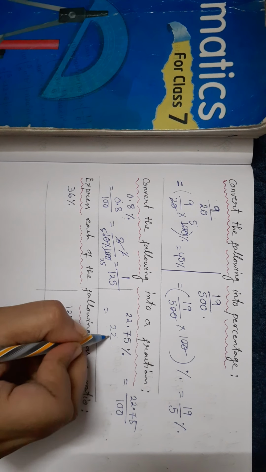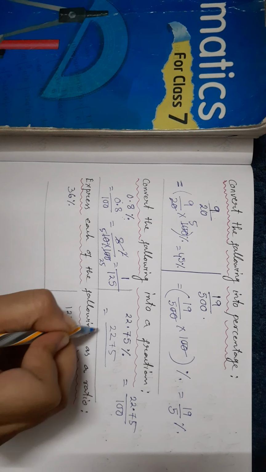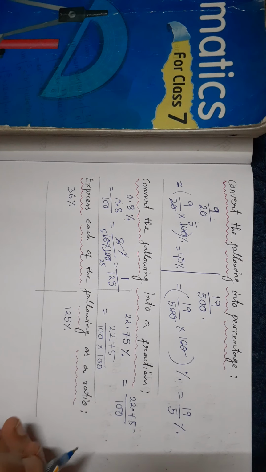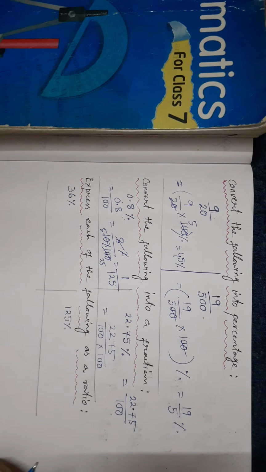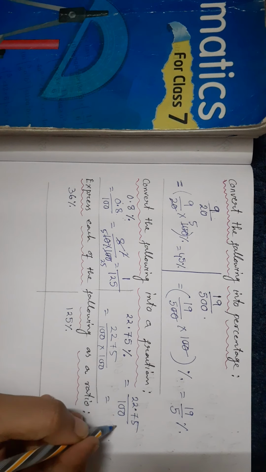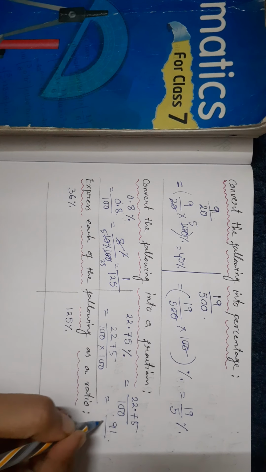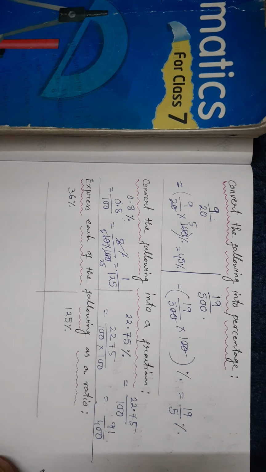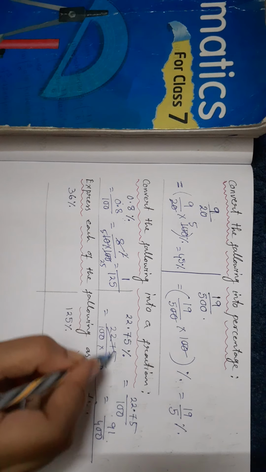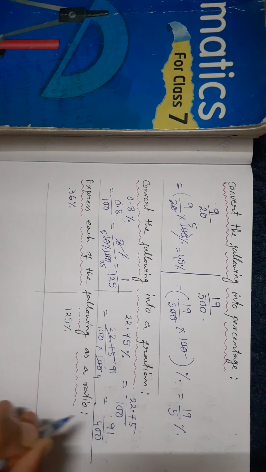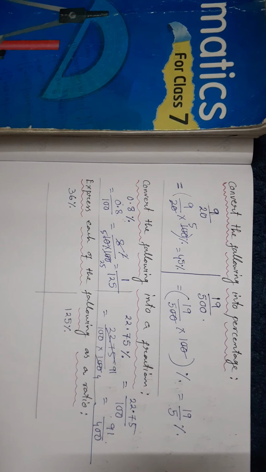So it will be 2275 by 100, and one more 100 was there. After cancelling this, we will get 91 by 400. Because whenever we cancel this by 25, we will get 91, and this by 25 we will get 4. So it will be 91 by 400.